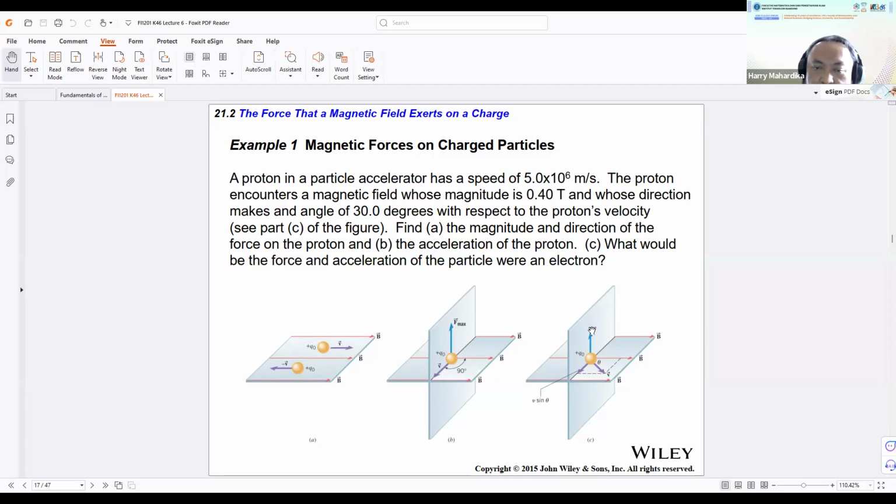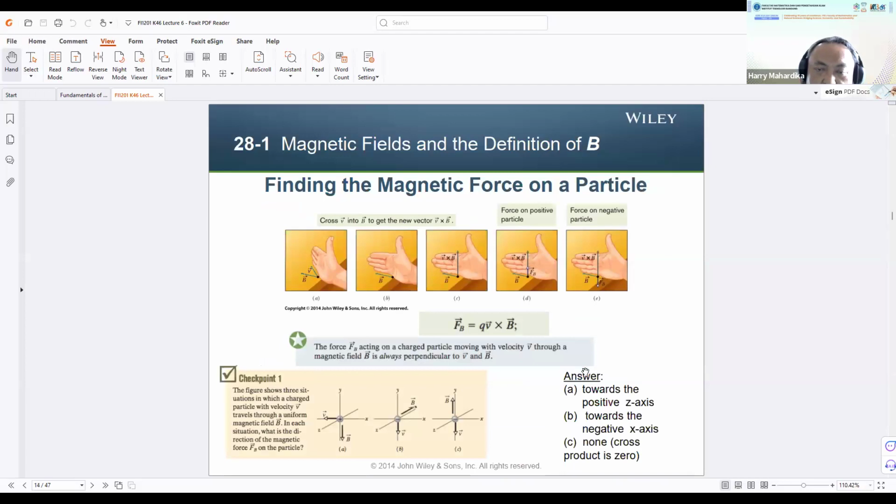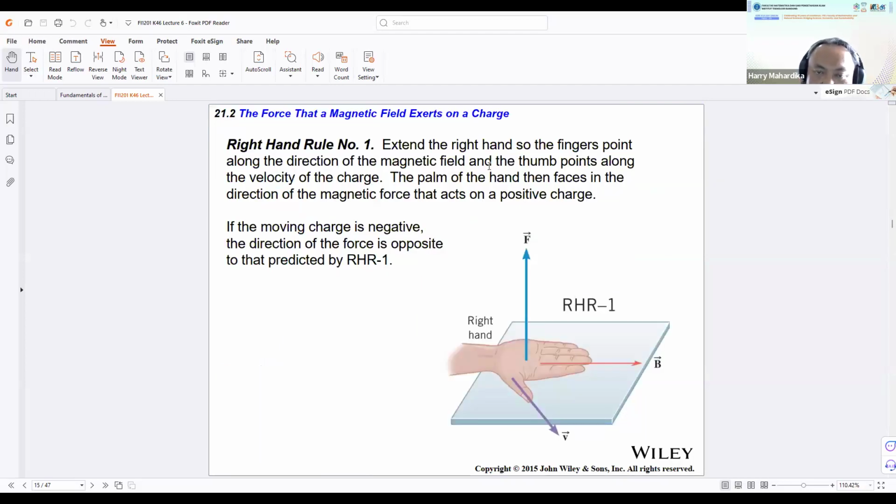Now, the first question is to find the magnitude and direction of the force on the proton, since we have B, V, and F. The reason why the magnetic force F is pointing upward is due to the fact that in this case we apply the right hand rule, or the first right hand rule.